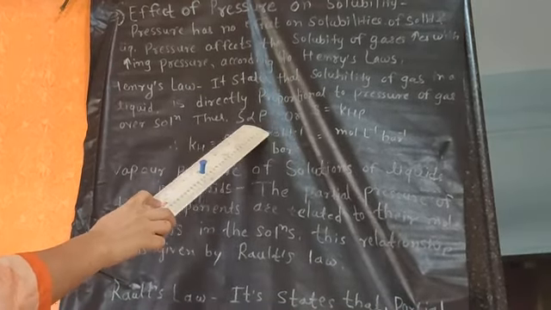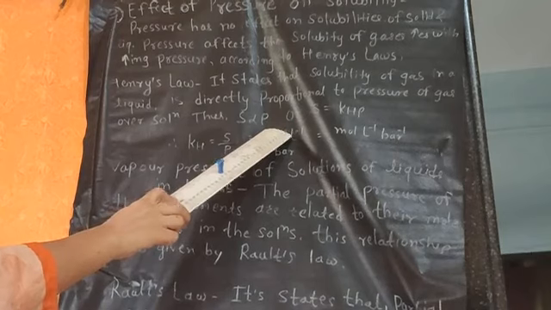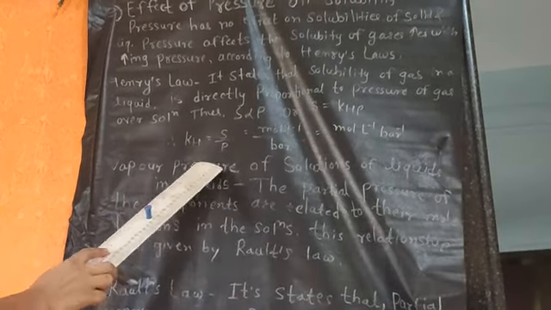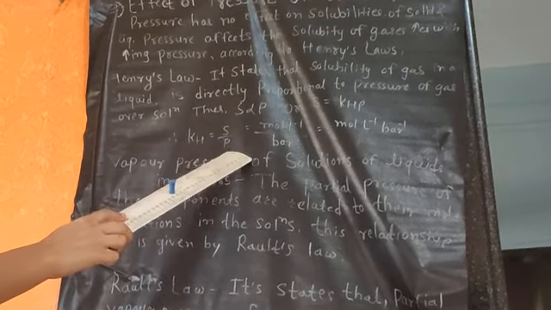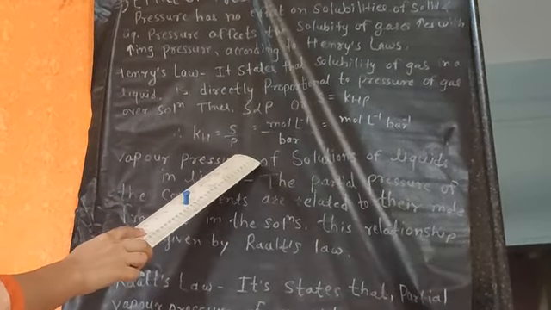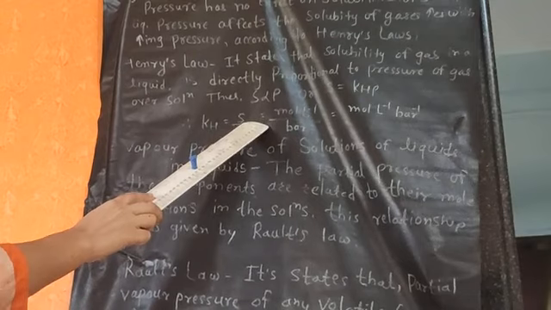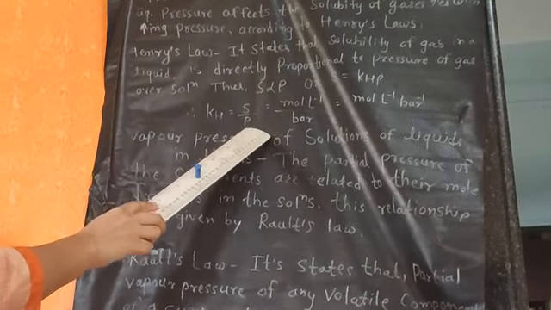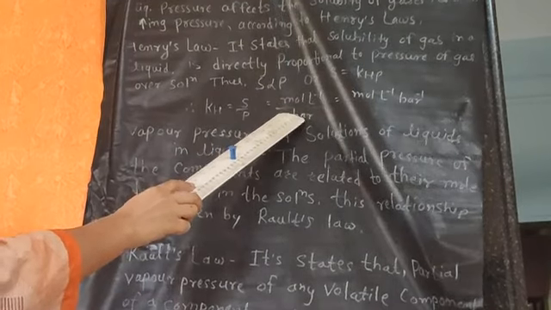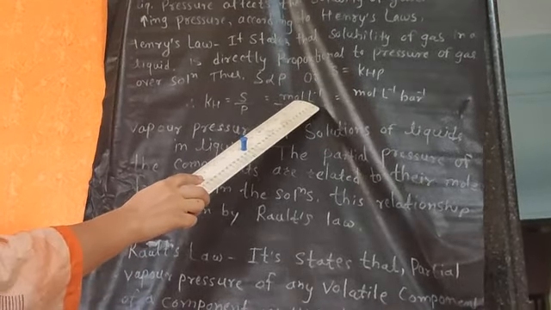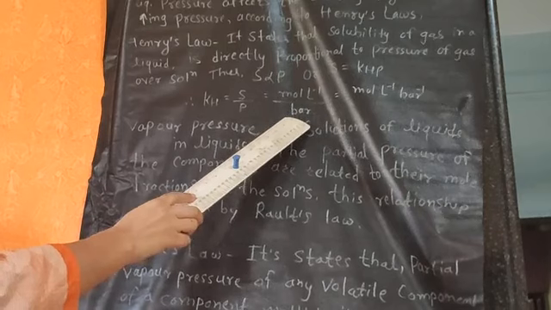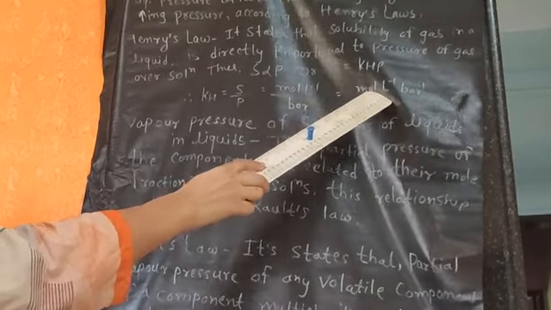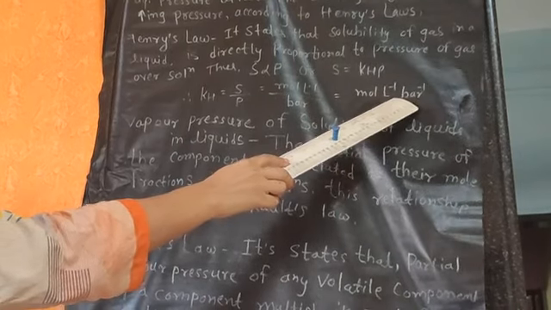Thus we write S is directly proportional to P, or S equals KH times P, that is, KH equals S upon P, where S is the solubility and P is the pressure. The unit of S is mole per liter and pressure is in bar, so KH is in mole per liter per bar.